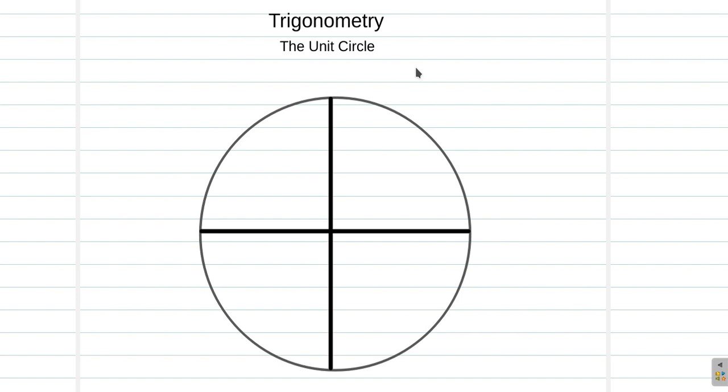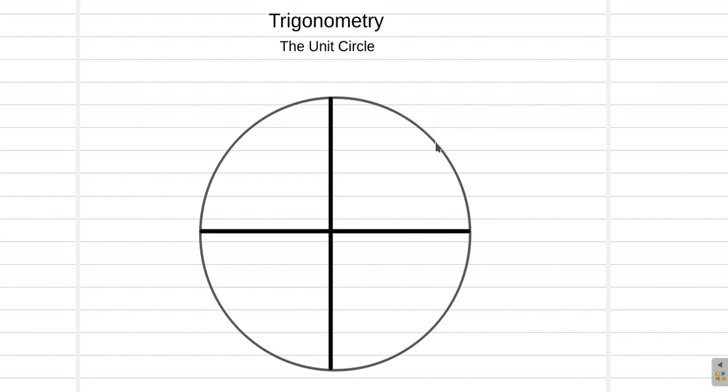The trig ratios, they are really circular ratios because the sine, cosine, and tangent are based on the unit circle.